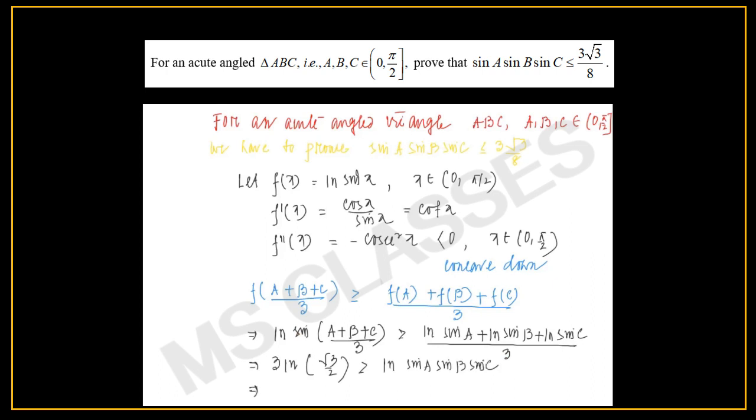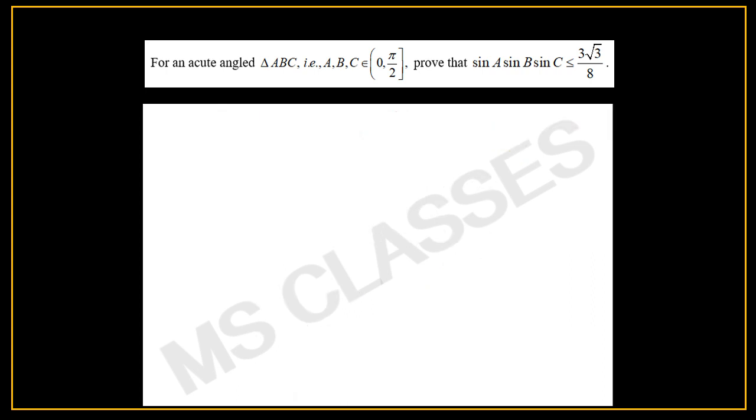Now, from this we can see ln of (root 3 by 2) whole cube is greater than or equal to ln of sine A sine B sine C. And from this we can definitely say, since ln is a strictly increasing function, that sine A sine B sine C is less than or equal to 3 root 3 by 8. But here we should mention why we're doing so, because ln x is a strictly increasing function.